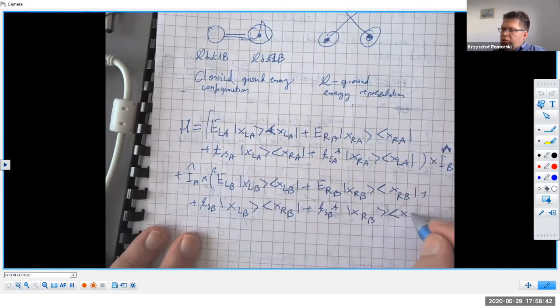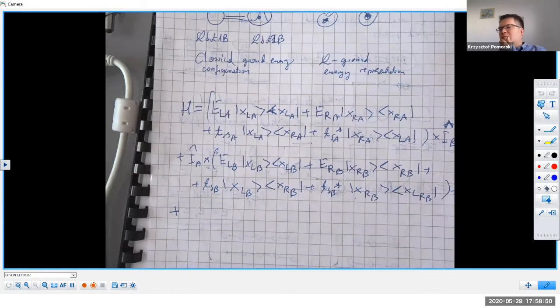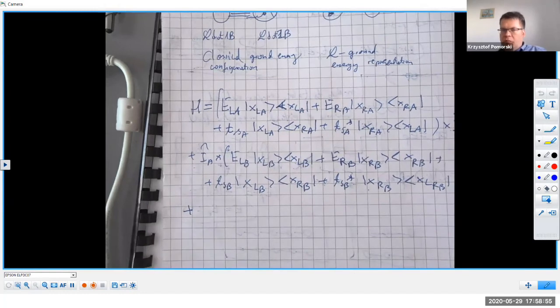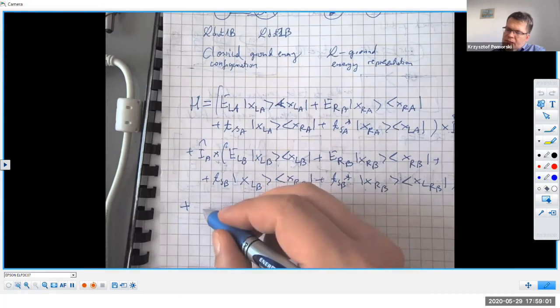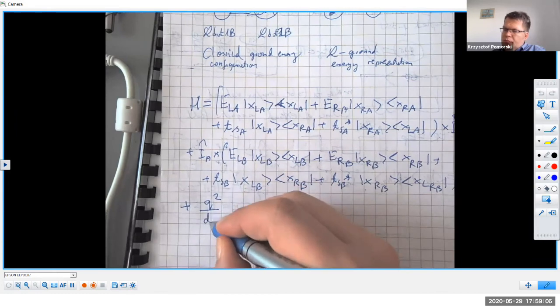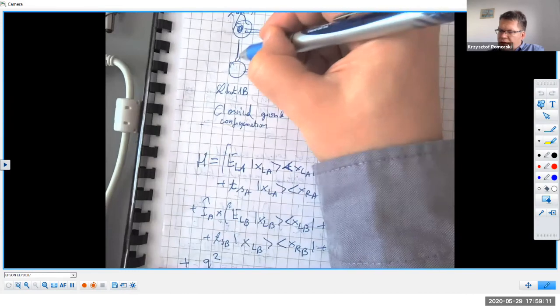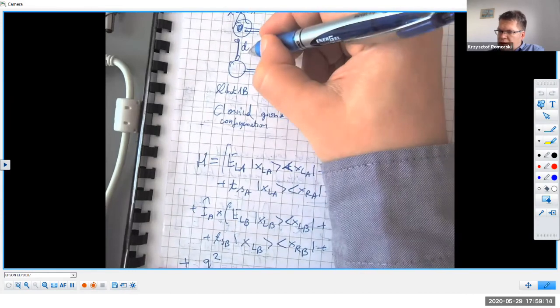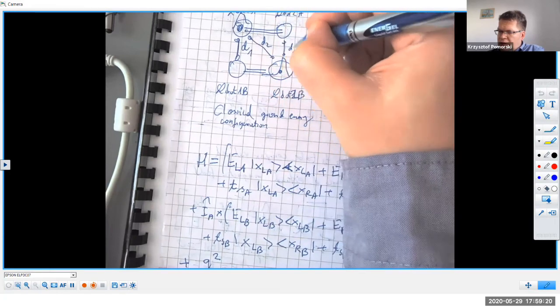I will just do it, and I will show you the explicit structure of this matrix. So we have 4 possibilities. Well, 2 distances. Distance 1 and distance 2.